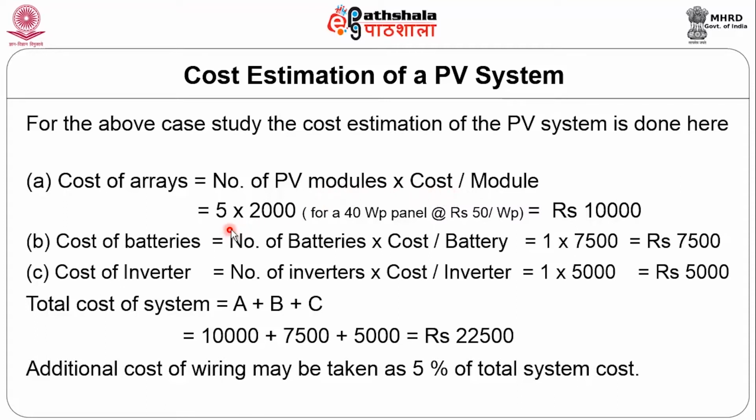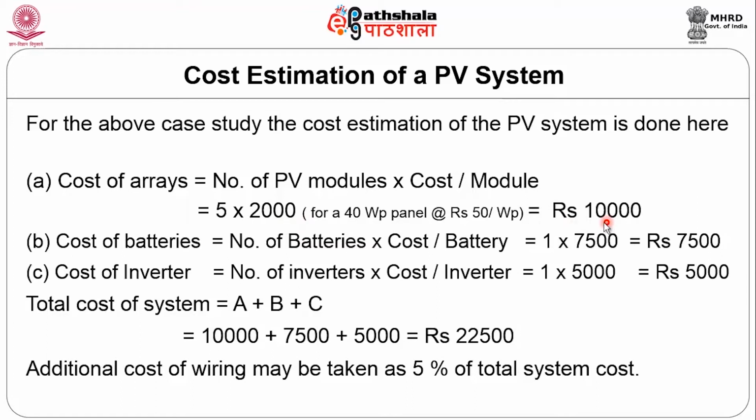A 40 wattage panel costs about 50 rupees per watt, so 40 into 50 is about 2000 rupees. When we multiply with 5, we get 10,000 rupees, the cost of the PV array. The array has 5 PV modules, each costing about 2000 rupees.